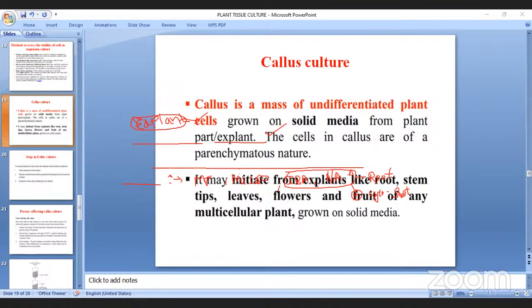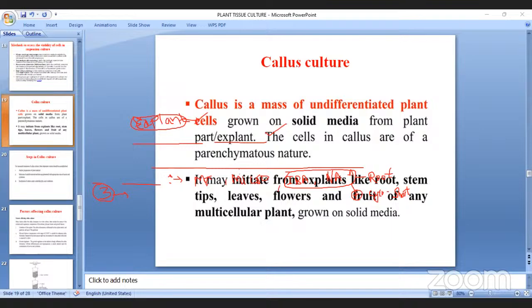Now the explant is ready to produce the callus and the nutrient medium is also prepared. After that, the third step is transfer of explant, that means transfer of the aseptic explant into the medium. That is the third one.